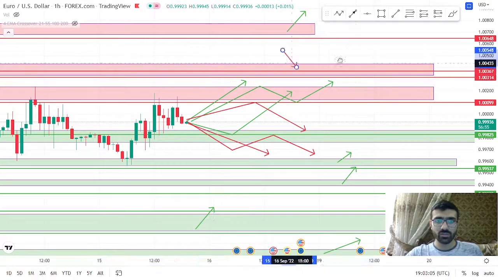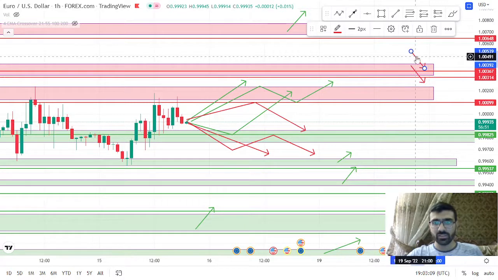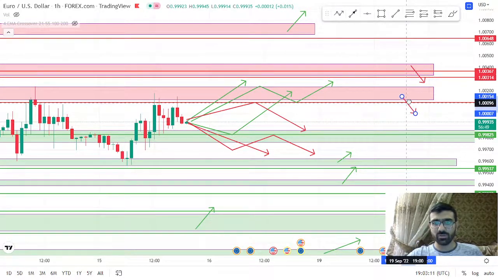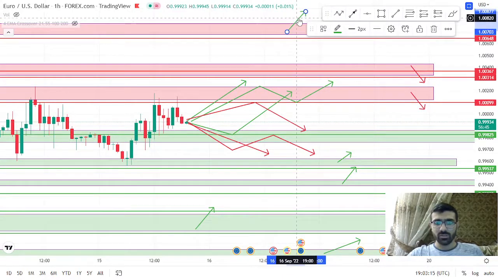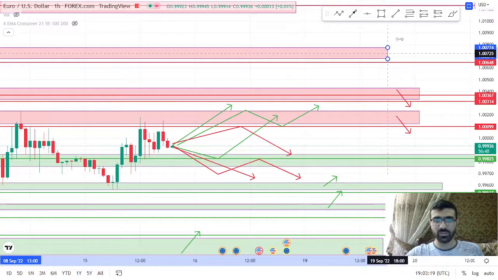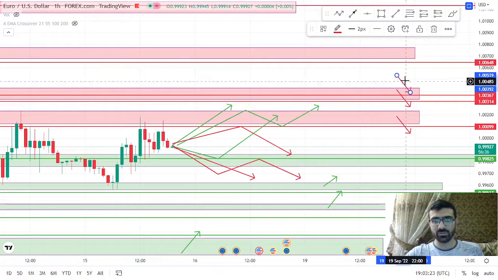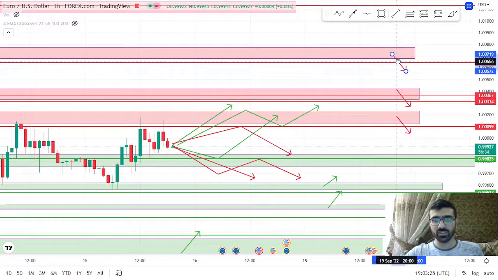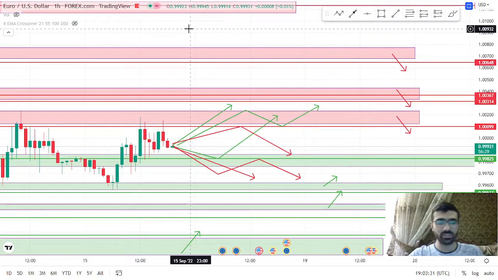Okay, so if at any given point of time market enters this area, we are going to look for a good selling opportunity from both of these regions and even above this region. Okay, so as the major pressure is for selling in this pair, we are majorly looking for a good selling opportunity. So let us just be vigilant in Euro USD and trade accordingly.